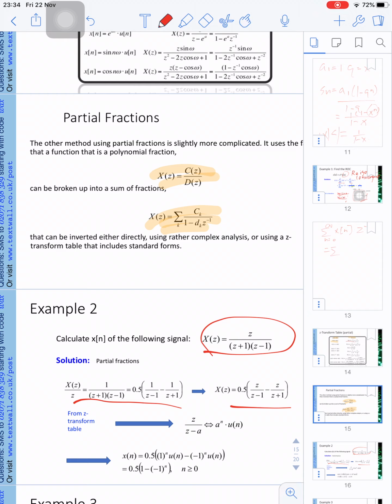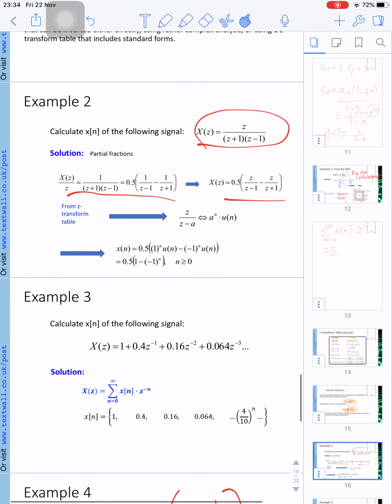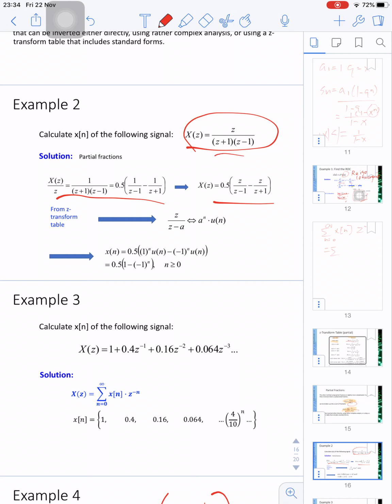We can change the Xz to a summation of a series of terms, substituting denominators and summing them up. For example, in this case we have z plus 1 and z minus 1 as the denominators.